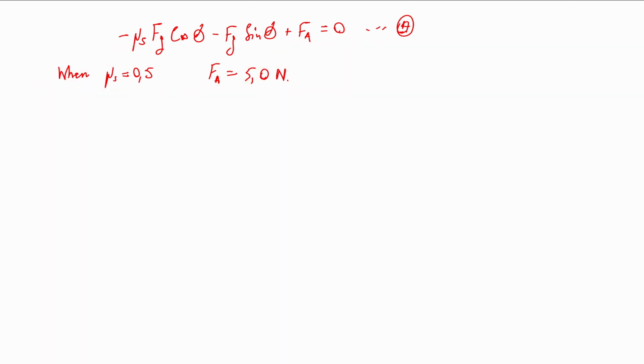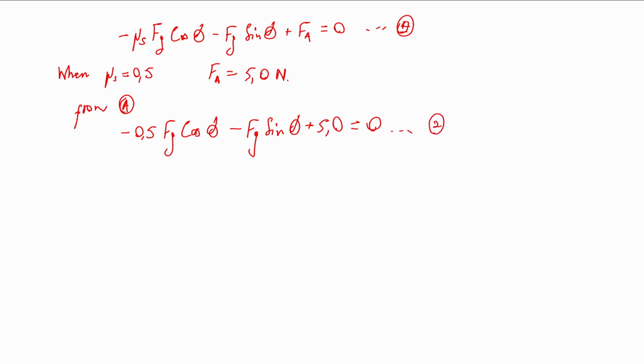From equation A, what we learn is that minus 0.5 Fg cos theta minus Fg sine theta plus 5.0 is equal to 0. Let's call this equation 2.